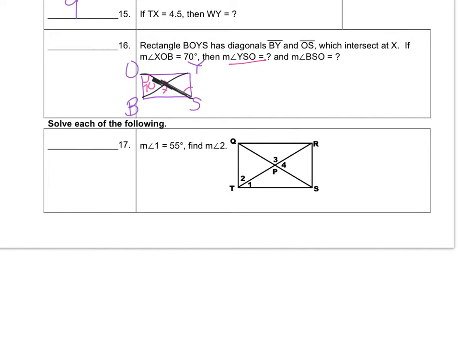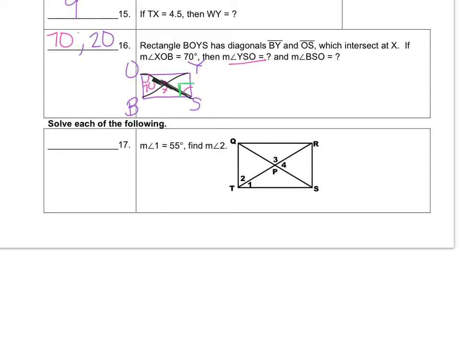So the first part of this problem is 70 degrees. Then we're looking for BSO, from B to S to O, the other part of your angle. You should know that rectangles make 90 degrees. So if one part is 70, the other part to get you to 90 is going to be 20 degrees.